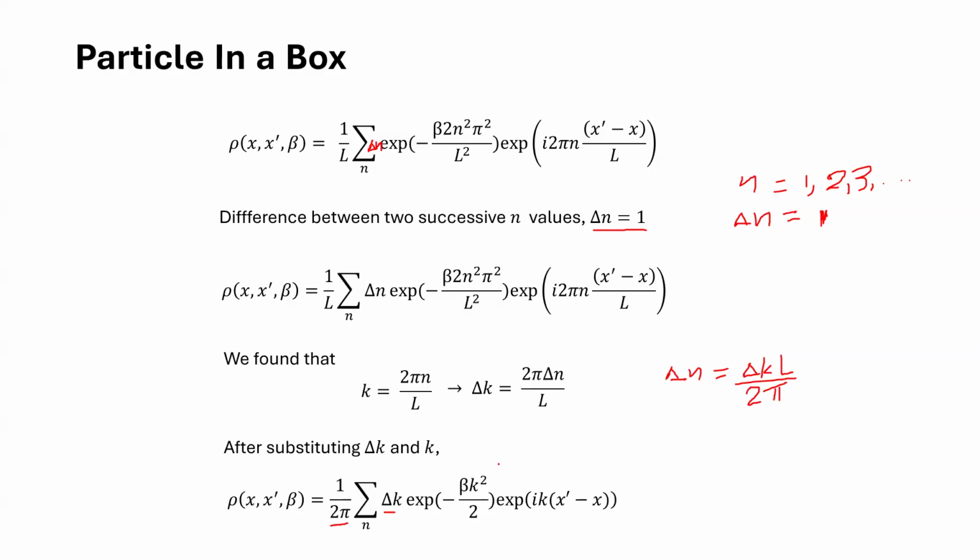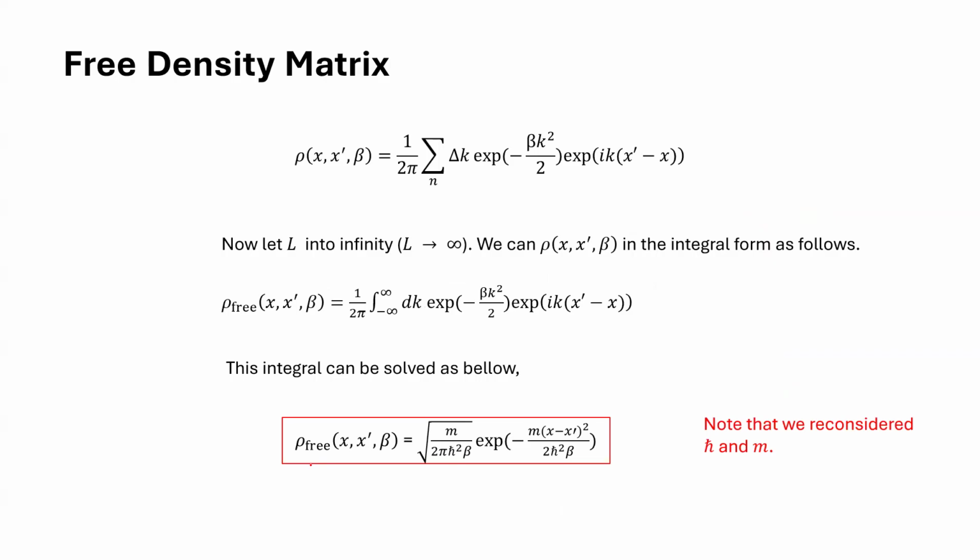So we wrote the expression of the density matrix for a particle in a box with respect to delta k. Now for a free particle, L must go to infinity. That means if a particle is actually free, then it has to have a huge space without any potential.